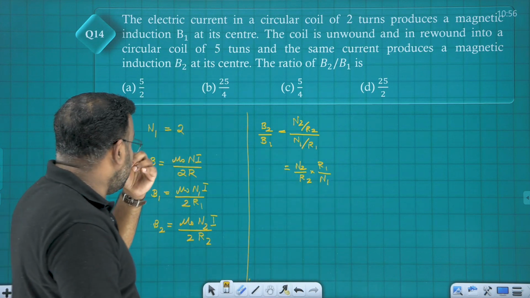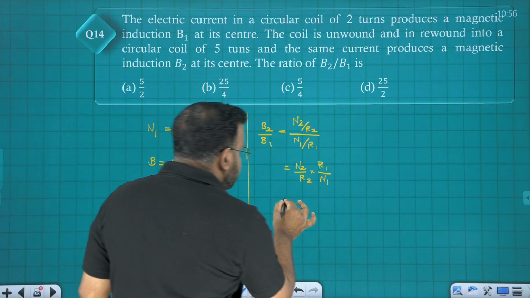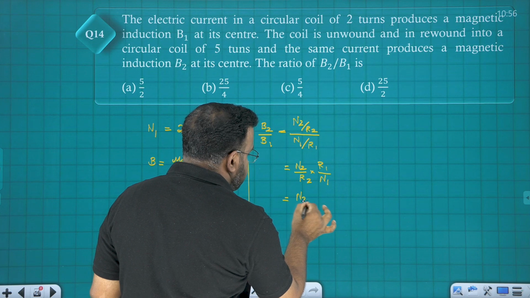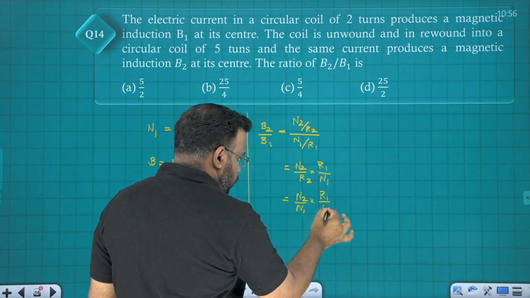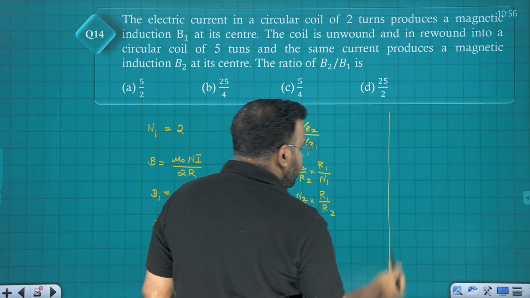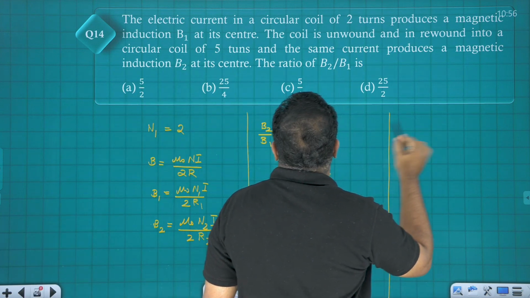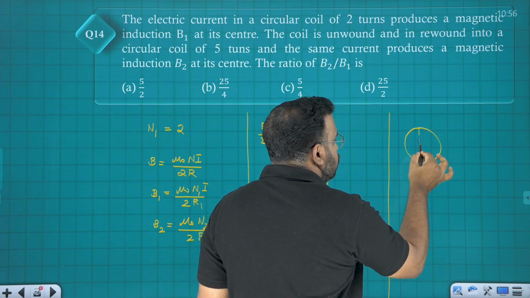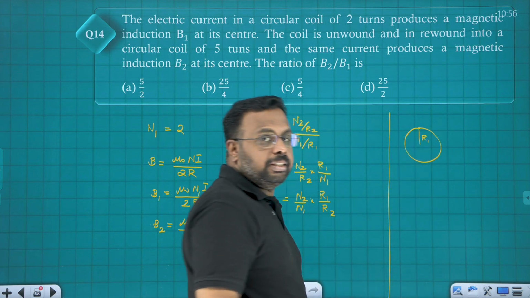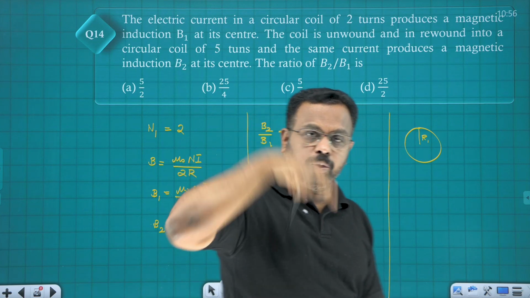Got it? Yes. Now we have to get the relation between R1 and R2. How? Before that I am just making a rearrangement. We can write it as N2 by N1 into R1 by R2. Now how to find it? See, initially the coil is having how many turns? Only 2 turns. So if this coil has 2 turns, the radius is R1. The circumference of one circle will be 2 pi R1.